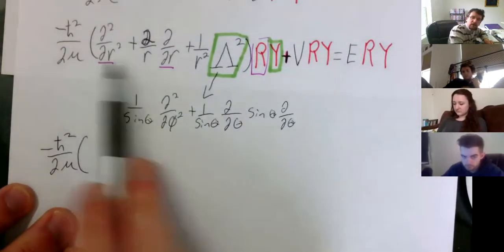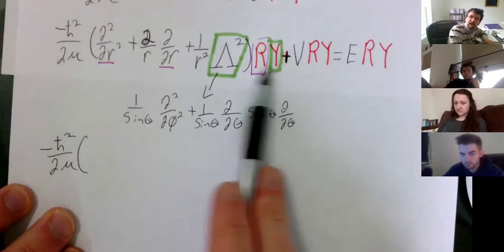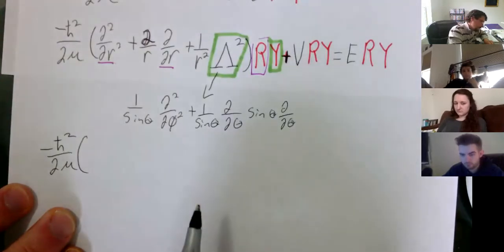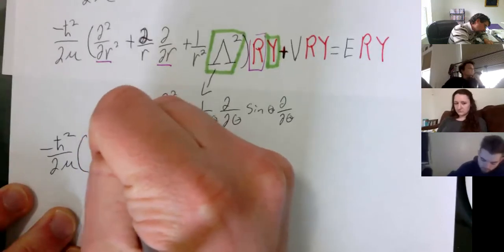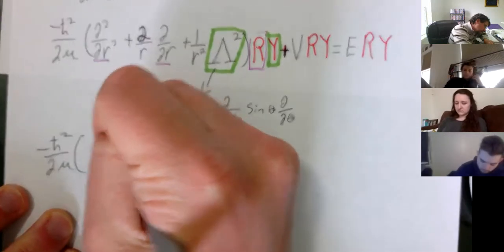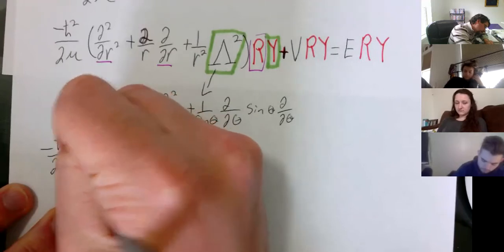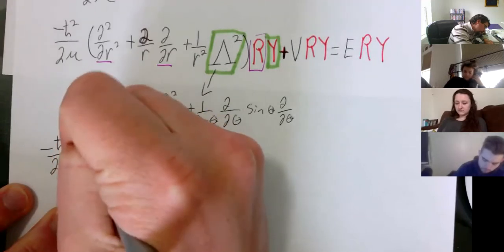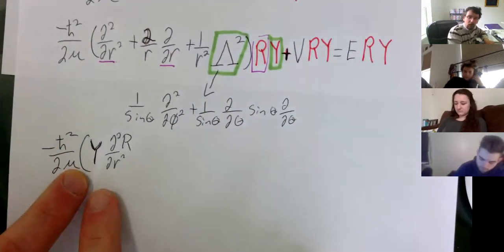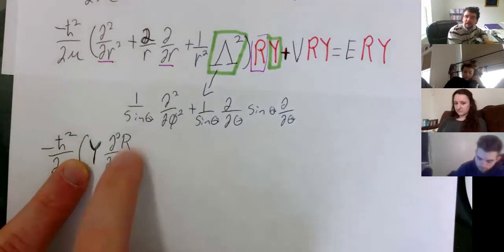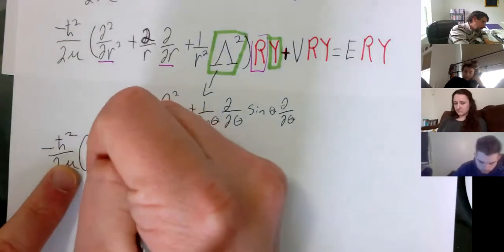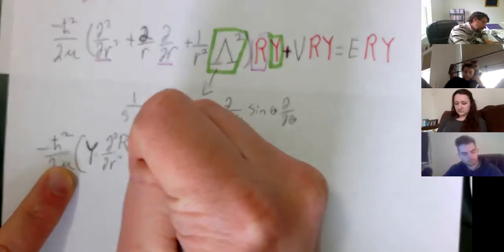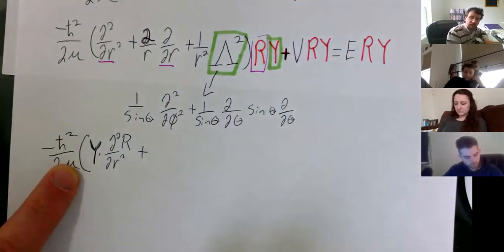It becomes d squared over dr squared, so the first 2 terms times r, plus the third term times y. Remember, we're distributing it all the way through, so y times the second derivative of big R with respect to little r, plus what's going to come next?